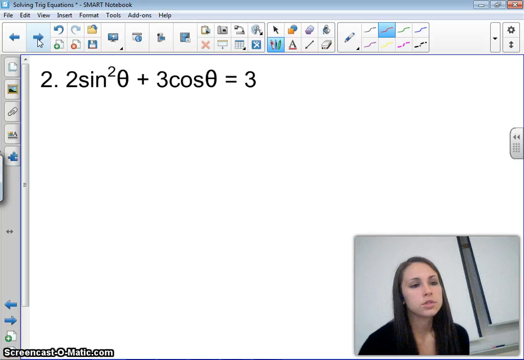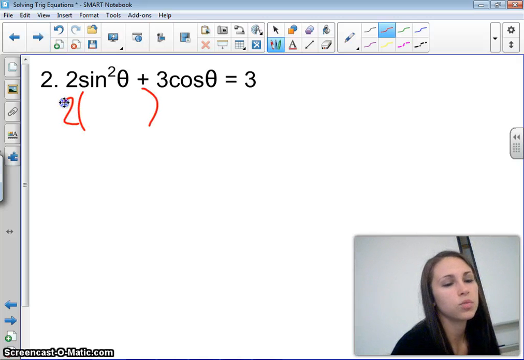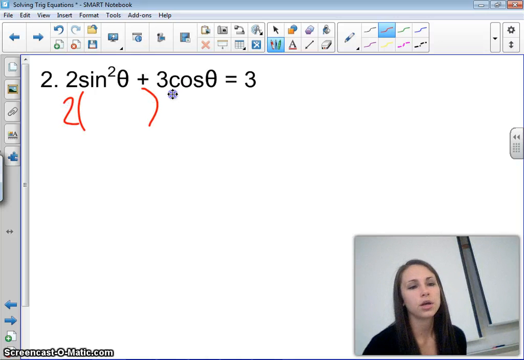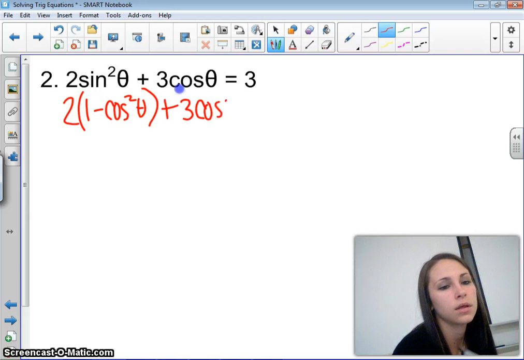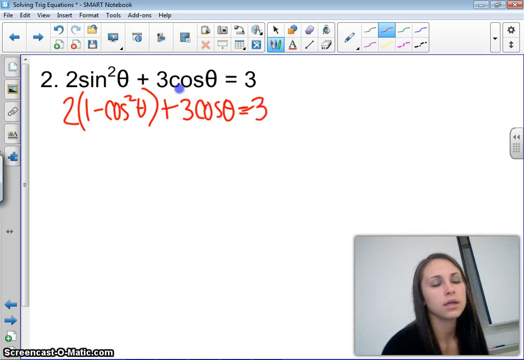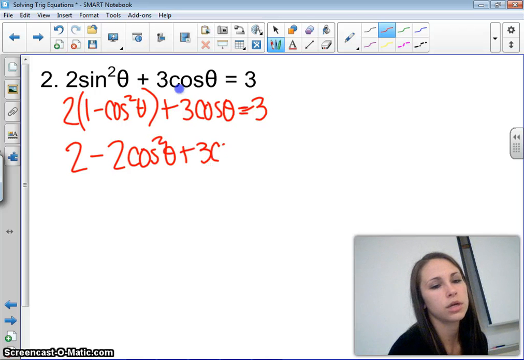Alright, so this one, I'm going to solve it the same way that I did one earlier. Sine squared, I've got a cosine in this. I need to make this 1 minus cosine squared using the Pythagorean identity. And so I'm going to go ahead and put that in and then distribute the 2. So this is going to be 2 minus 2 cosine squared plus 3 cosine equals 3.